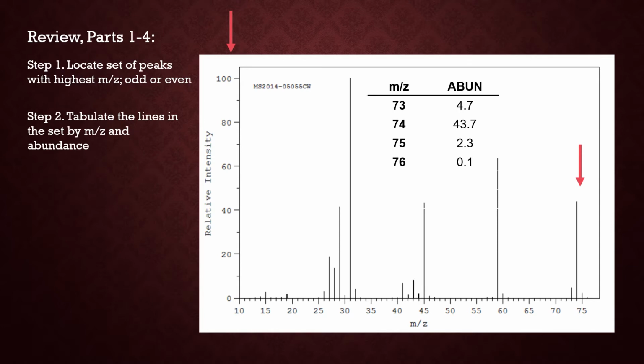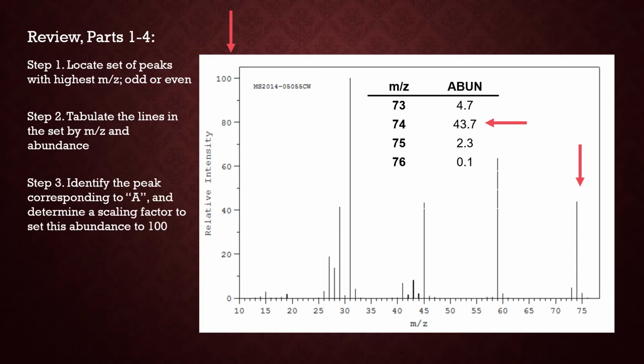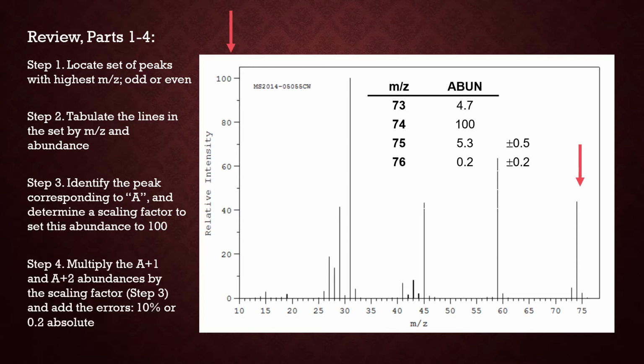Then we tabulate the lines as they appear in the data and determine which among them corresponds to the A line and which correspond to the isotopic satellites. In this particular case, we've identified 74 as the A peak and 75 and 76 as the A+1 and A+2.